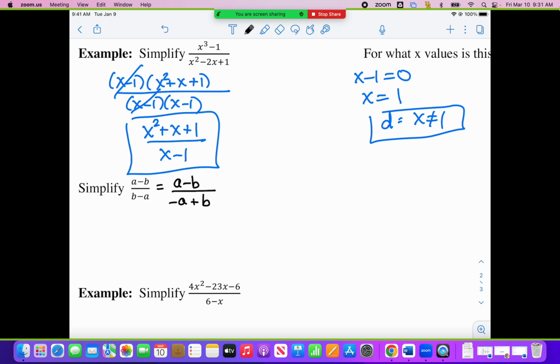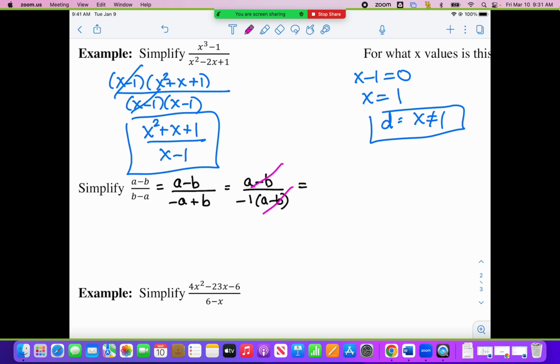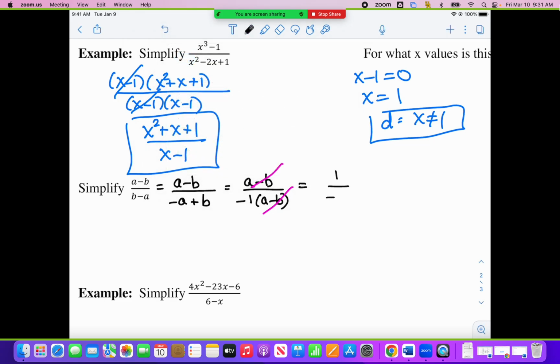You learned that back in Algebra 1. I could switch the order. And then watch this. What if I choose to factor out the negative 1? Guess what? Now I can cancel the a minus b's, and that's going to leave me with 1 over negative 1, which is negative 1.